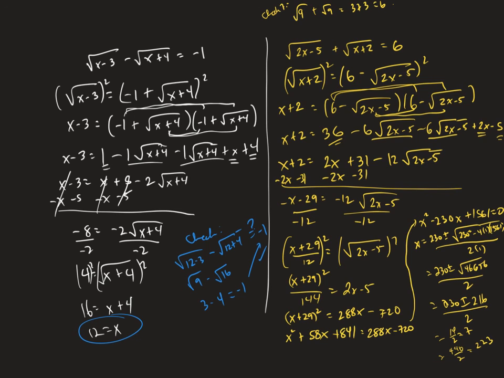So 7 works. 223, if I plug it in, let's see. 223 times 2 is 446 minus 5 is 441, plus the square root of 225, and that is 21 plus 15, and that's 36. So that one doesn't work.